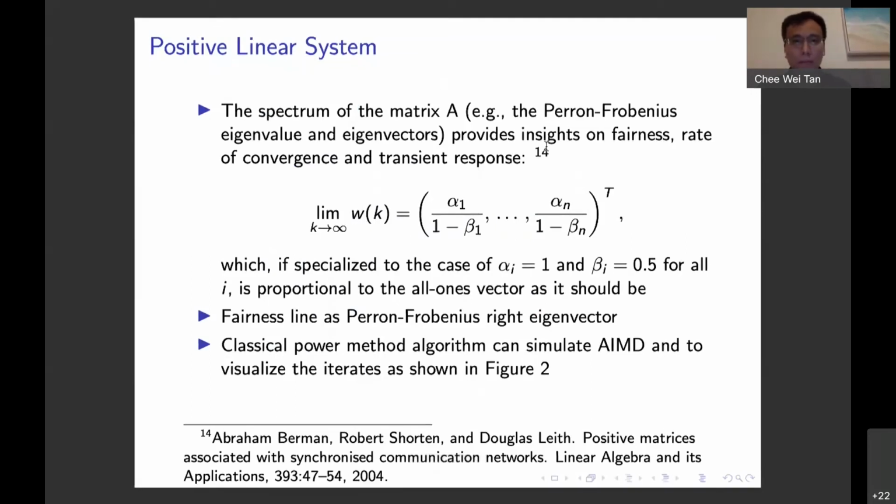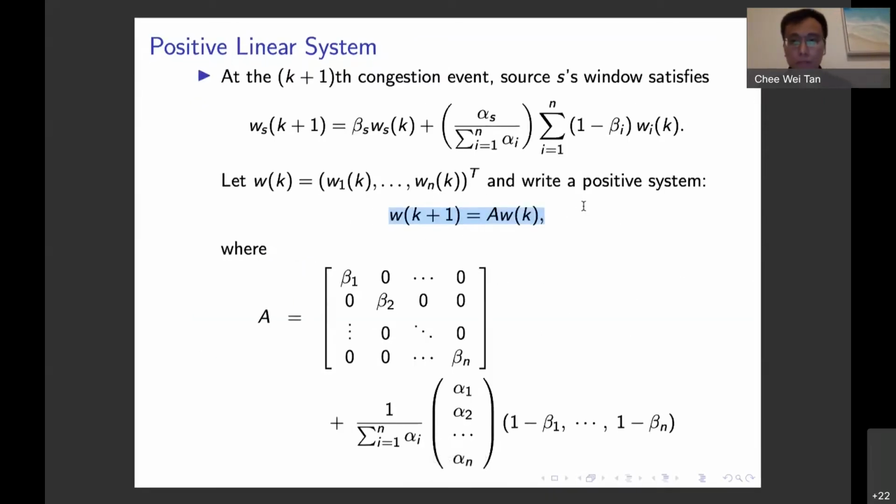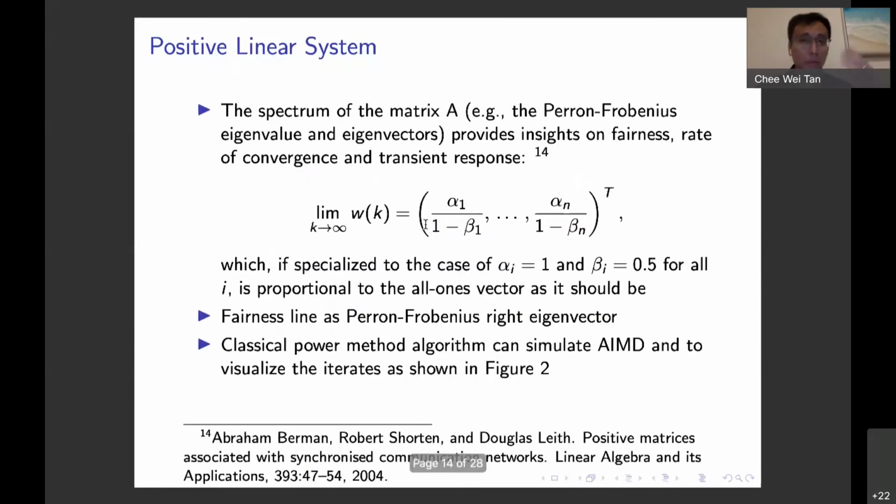For example, we can show that this dynamics, I can essentially view as a classical power method. Starting from any initial W0, asymptotically we get the right eigenvector corresponding to the largest eigenvalue of that matrix A. So indeed, it has this expression.